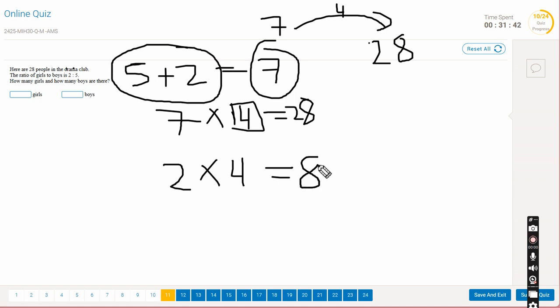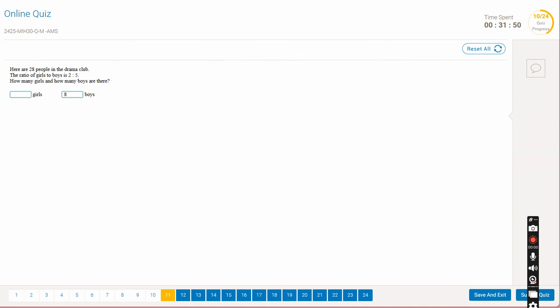So then there are going to be eight boys in this drama club, right? 8 boys. And then how many girls are there going to be in the drama club? Again, we were trying to look for the number of girls. So they multiplied the total by 4. So we're also going to multiply the girls by 4. So times 4, 5 is going to be 20.